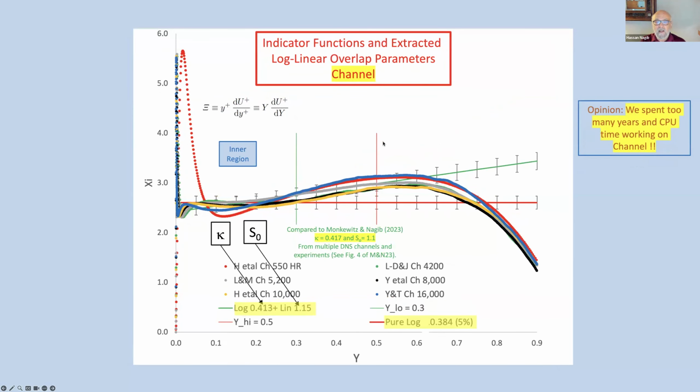I should make one conclusion. I said it already. I'm sorry that you cannot see it here. In my opinion, we spent too many years and CPU time working on the channel because the discrimination between pure log and log linear was not sufficient.